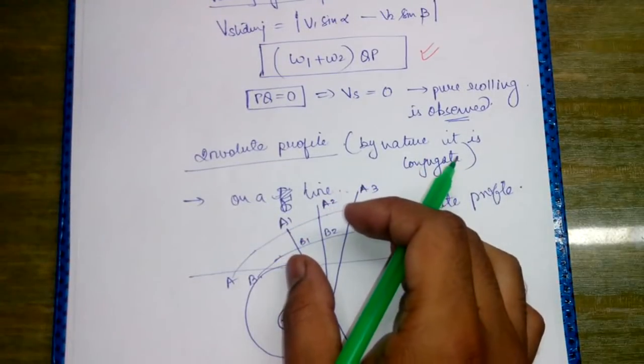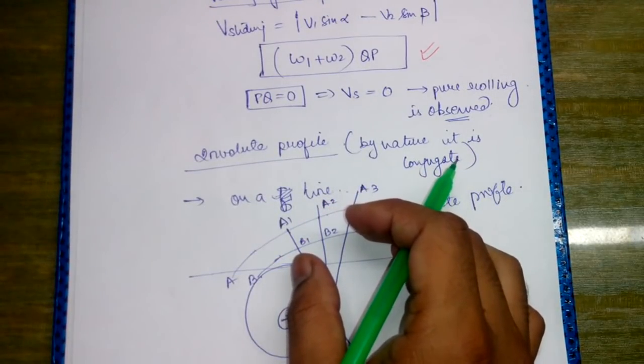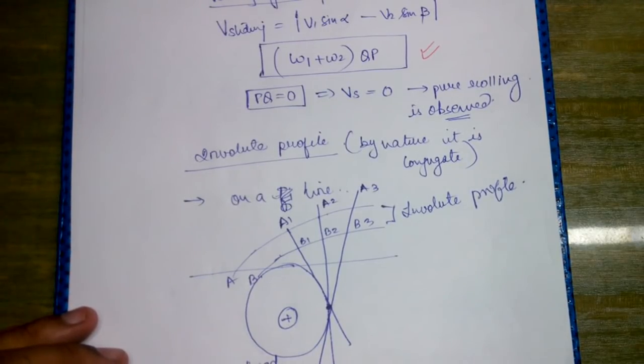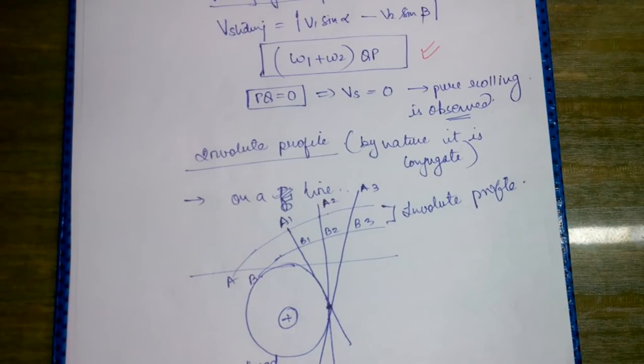These are very closely spaced elements, and this is actually the fixed circle, or also called as base circle. Okay, fixed circle or the base circle.